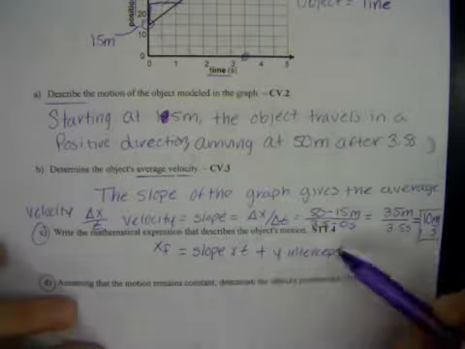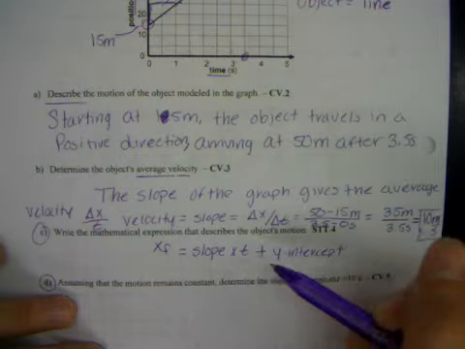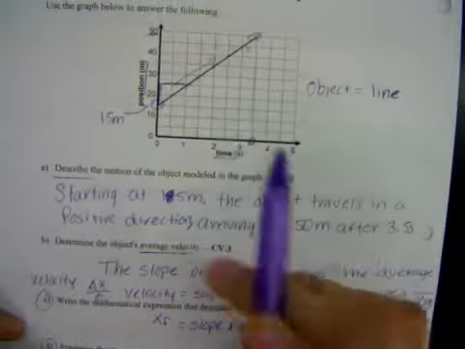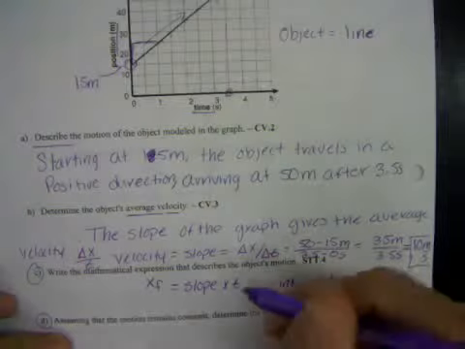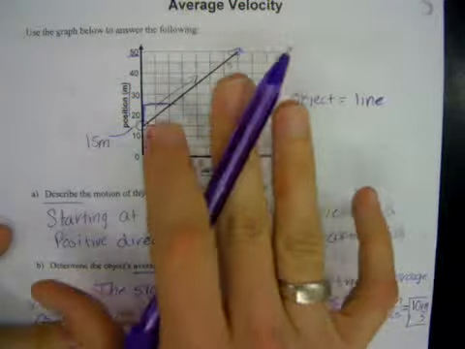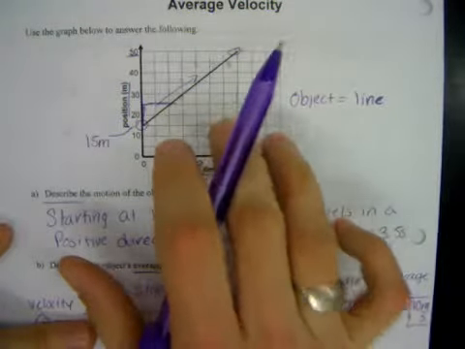And although that would be the correct expression to describe this type of graph, we have to personalize this equation, otherwise it wouldn't be describing this specific line that we have here.